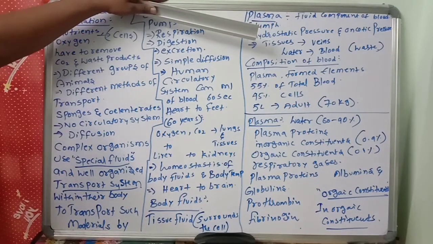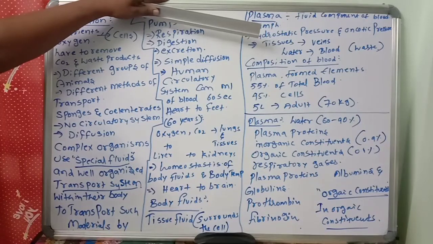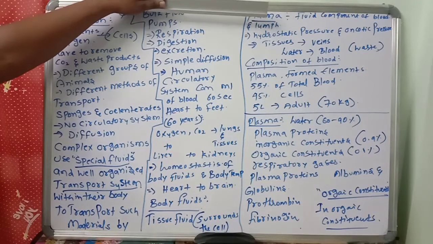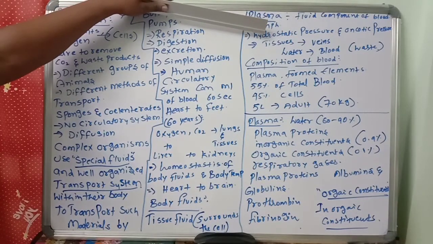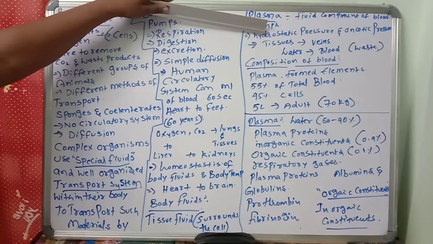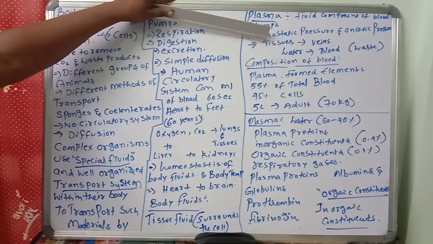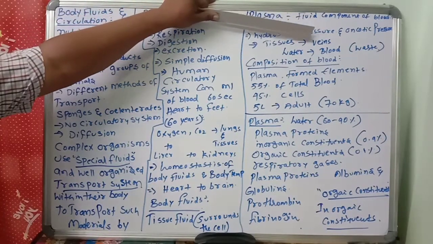The blood flowing in the capillaries from the arteriole has a high hydrostatic pressure. Blood moves from arteriole to capillaries with high hydrostatic pressure and oncotic pressure. These two pressures help the fluid reach the tissues, and because of this pressure, whatever waste the tissues have will go to the veins.